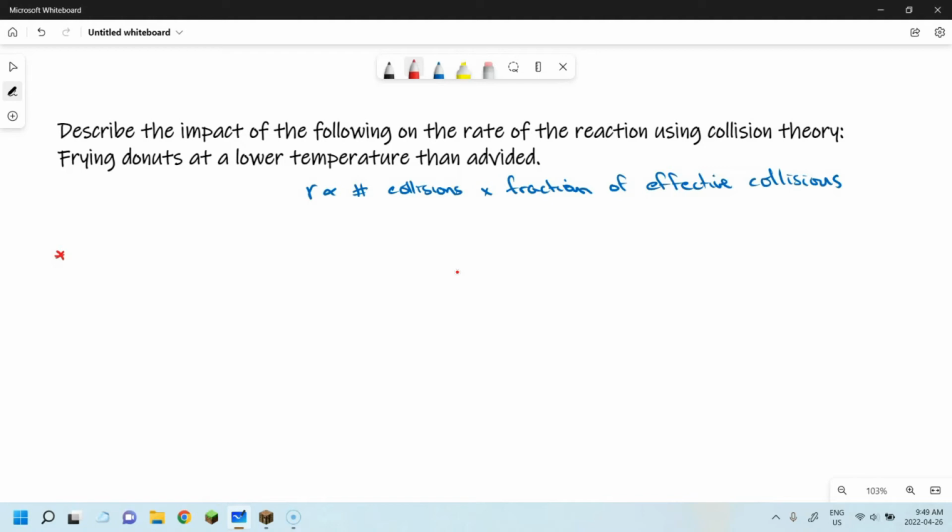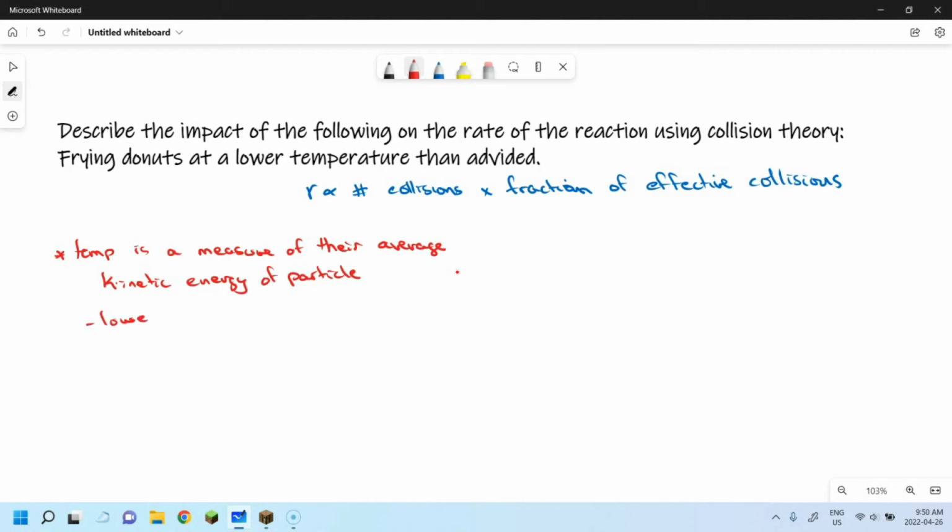The first one, or the easy one to deal with, is the total number of collisions. So we can say temperature is a measure of the average kinetic energy of particles.